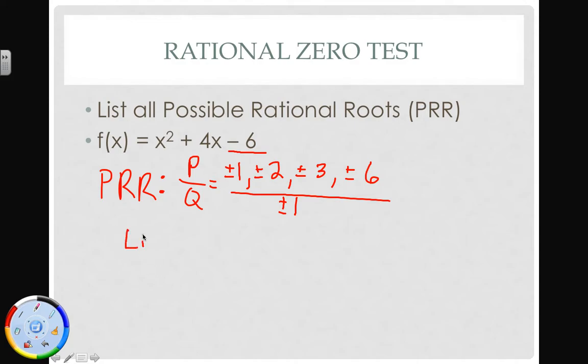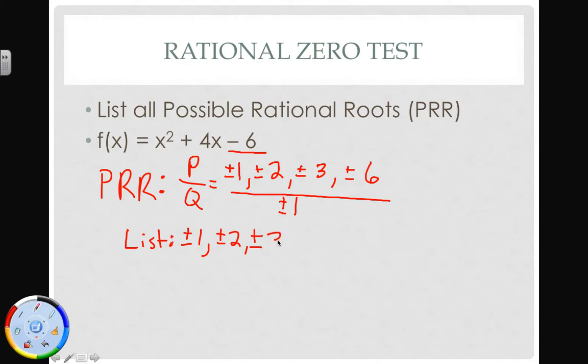So the list of all possible rational roots is every combination of this fraction. So I have a plus and minus 1 over a plus and minus 1. So I get a choice of plus and minus 1. I then get to do 2 over 1. So it's plus or minus 2. Then I look at 3 over 1.